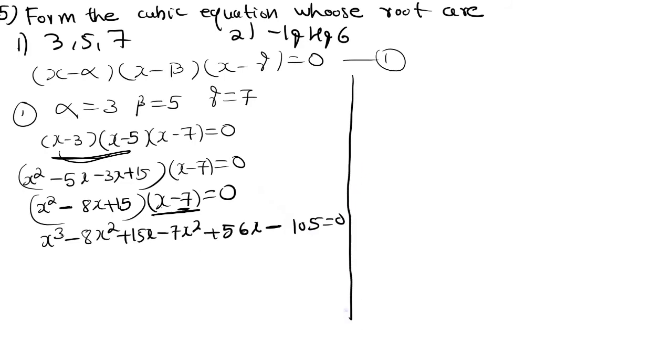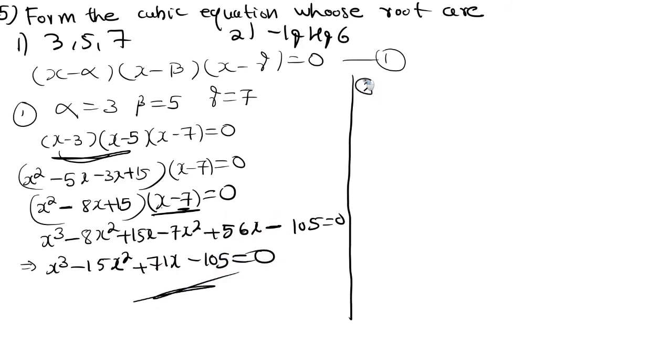So again simplify. This implies x cube minus 8x square minus 7x square is minus 15x square, 15x plus 56x, add this one, so you'll get plus 71x, then minus 105 is equal to 0.